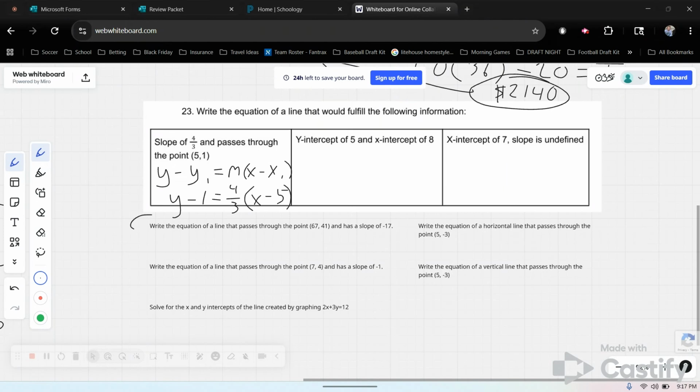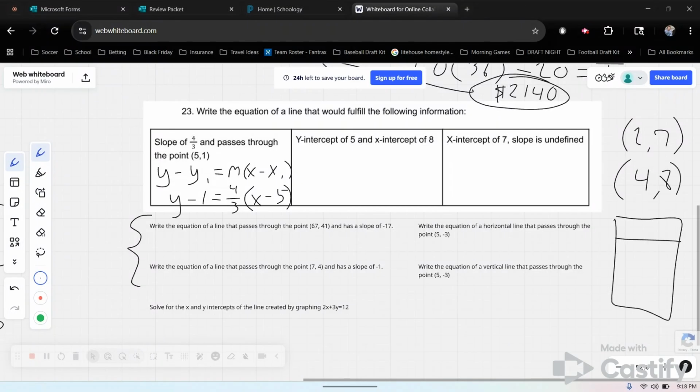I encourage you to take the second to do those two problems now because they're in the same vein of information. Okay, for the next one. The way in which we usually did these problems, and this was more applicable to the last page where I would give you 2 points, like (2, 7) and (4, 8), and I would say write the equation of the line that passes through the 2 points.